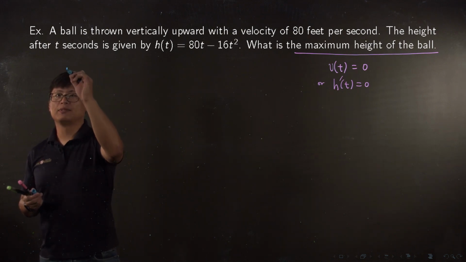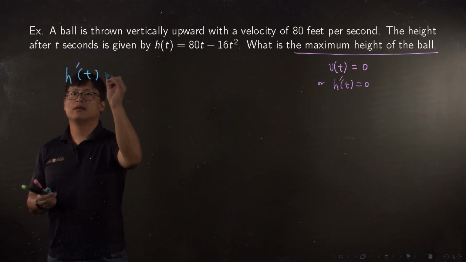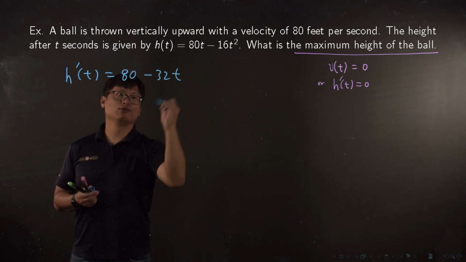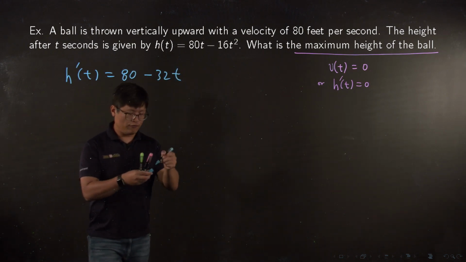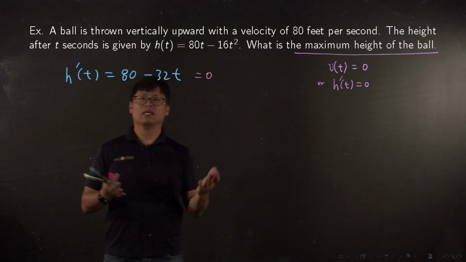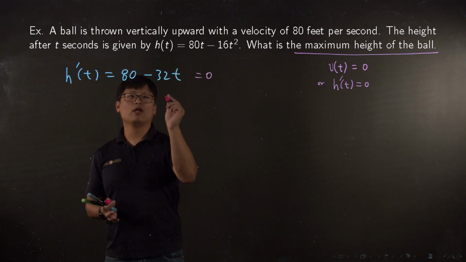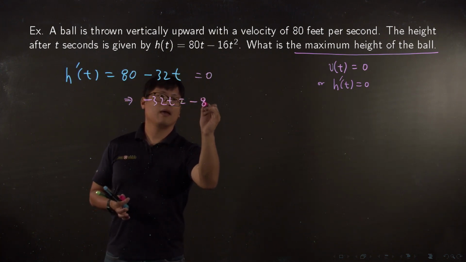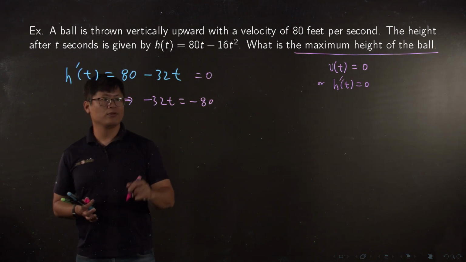Take the derivative. h prime of t is equal to 80 minus 32t. Okay, and to find the maximum height, we're going to set that equal to 0. Is that clear? Okay, just subtract 80 on both sides and divide by negative 32 on both sides, okay?